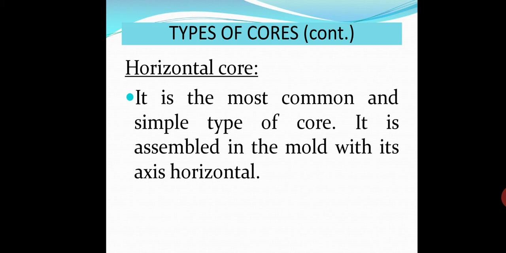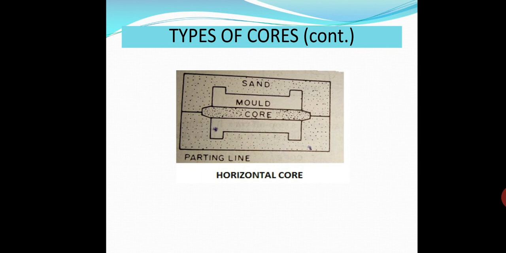Horizontal core is the most common and simple type of core. It is assembled in the mold with its axis horizontal. So this is the picture of a horizontal core. Inside the mold, the core is placed keeping its axis horizontal.